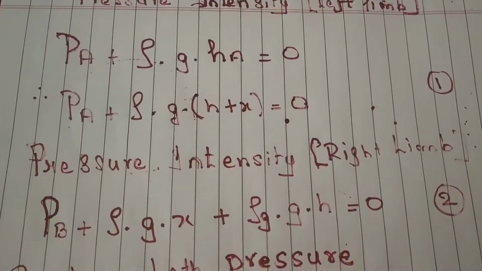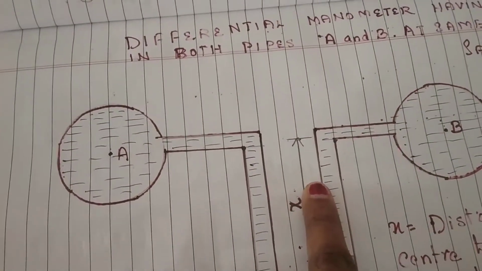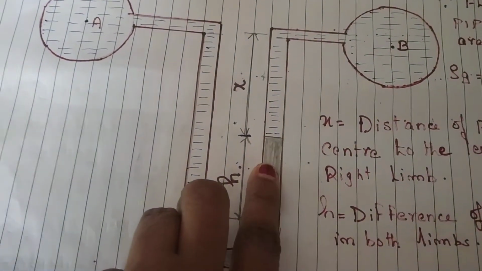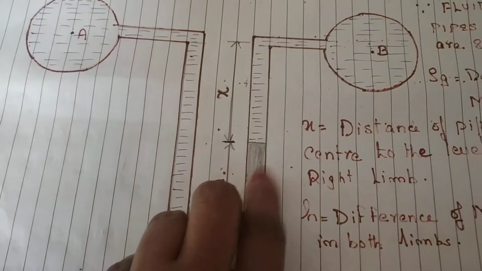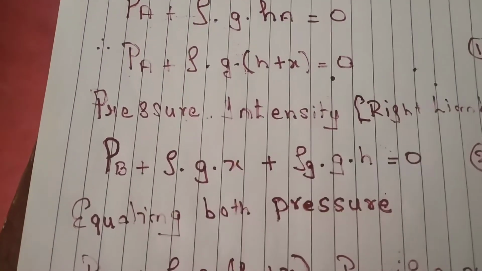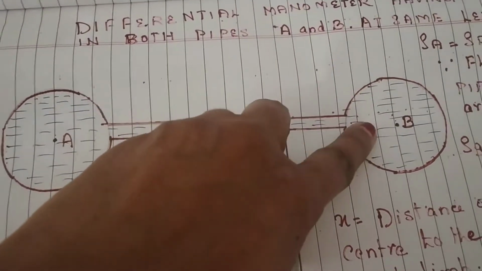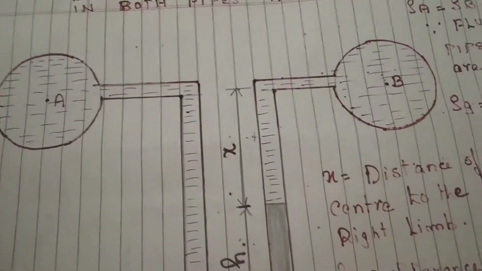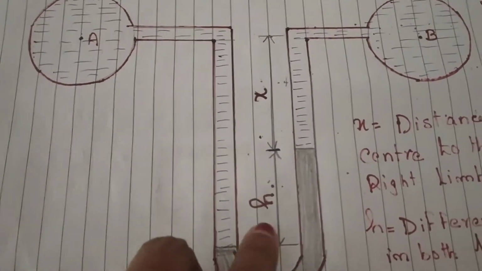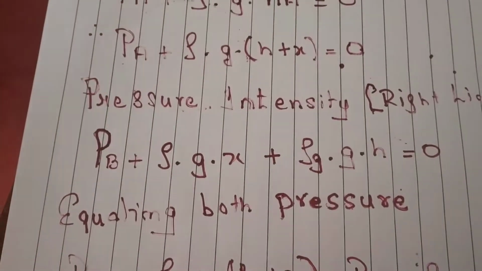Similarly, the pressure intensity in the right limb will be PB, the pressure at point B, plus the pressure caused by the fluid in the column, which is rho g x, where x is the level of this fluid down to the level of mercury, plus the pressure due to the mercury, rho g into h, where h is the difference of the mercury levels in both columns. So I write PB plus rho g x plus rho g into h.